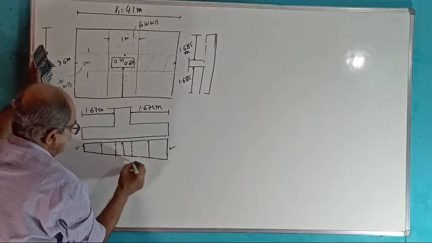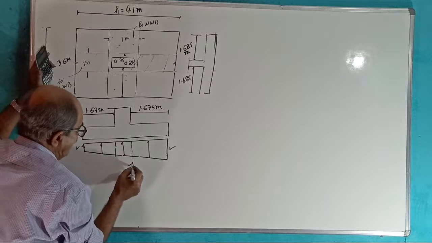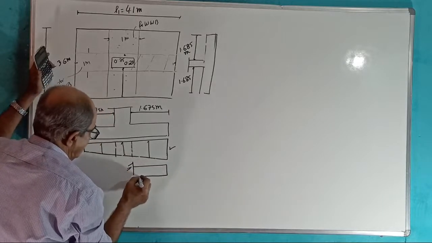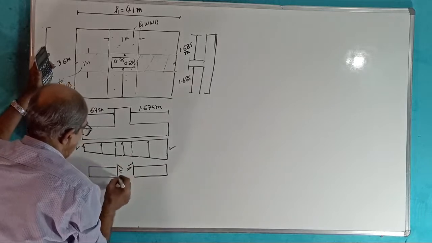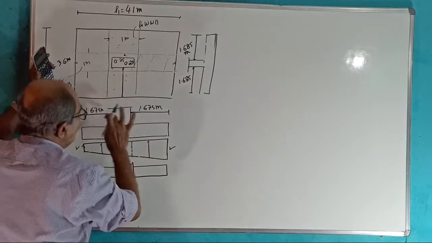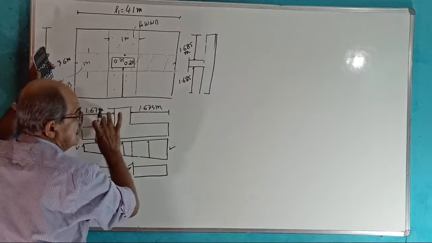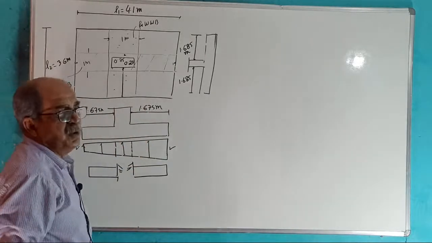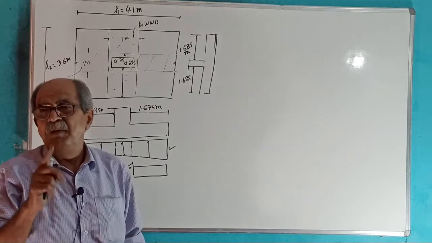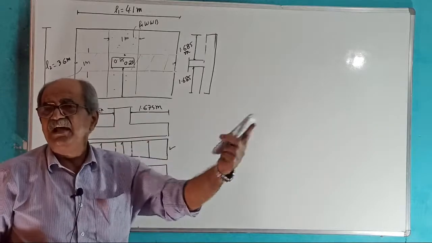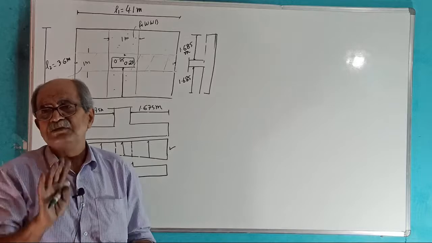Then we took a cantilever here, one cantilever here, and one cantilever here. And we decided both are of equal projection. Therefore, since both are of equal projection, bending and shear will be more for that side where upward load is more.